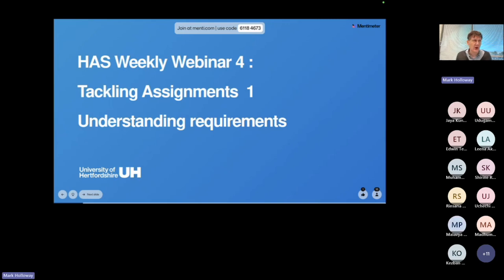One thing I'd like to just repeat before we move on is that there is not one referencing style used at the University of Hertfordshire. It entirely depends on the program that you're on, and any guidance you get on your program will tell you, anytime you have an assignment, what referencing system to use.